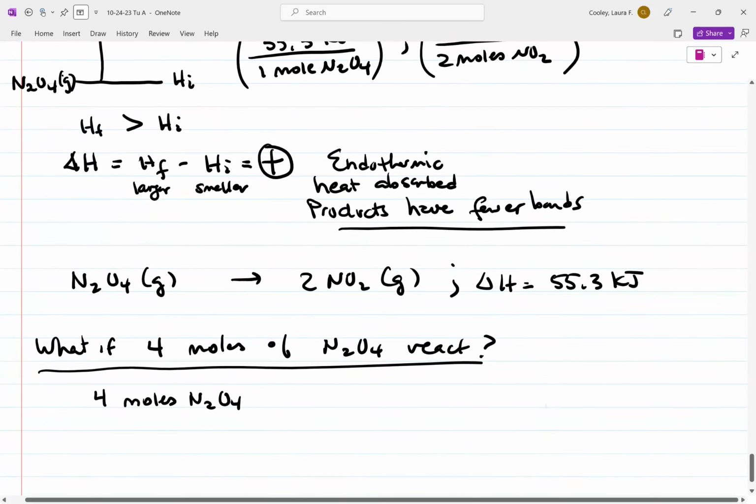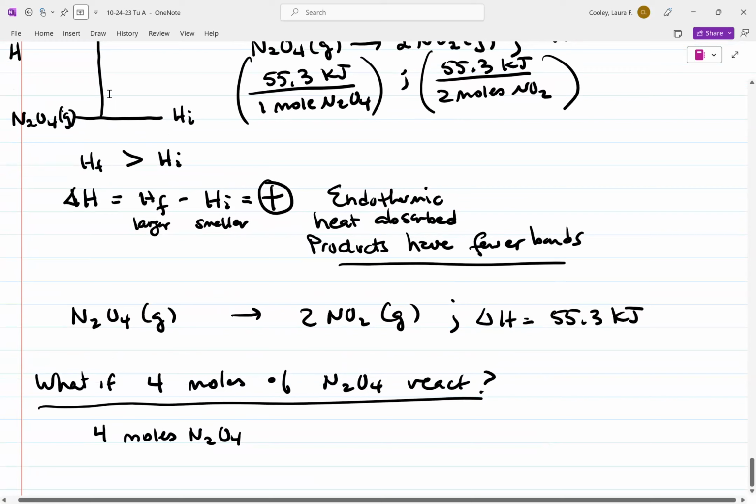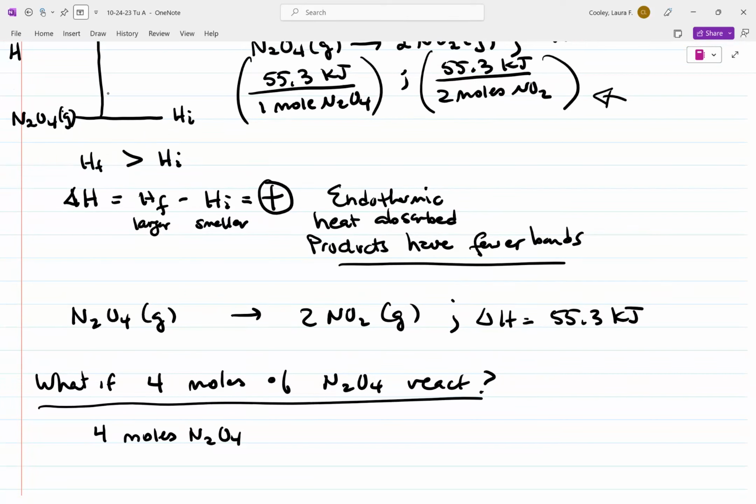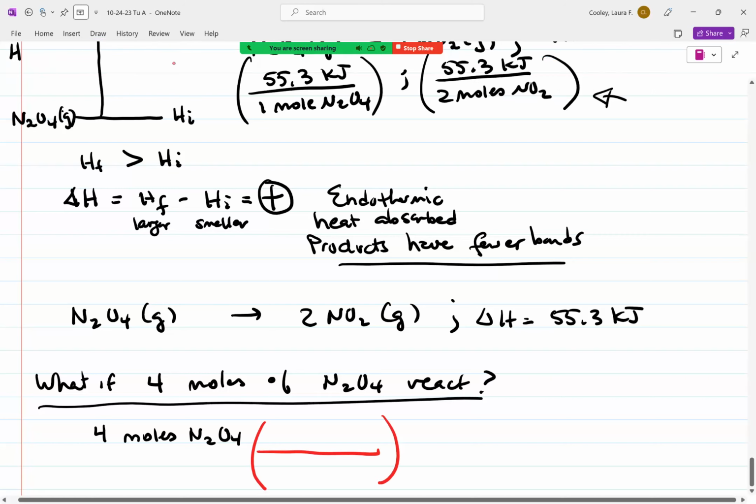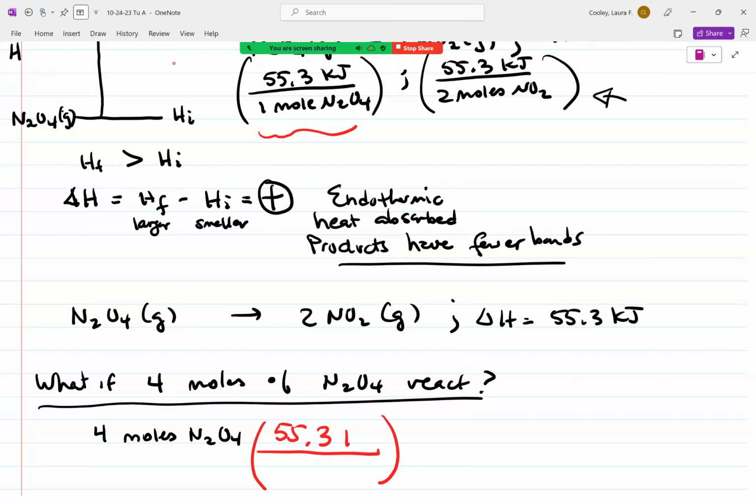And now, because I have this thermochemical equation, I have relationships like this, which tell me how energy relates to amount of N2O4 in moles. So I can use this guy, 55.3 kilojoules per 1 mole of N2O4.